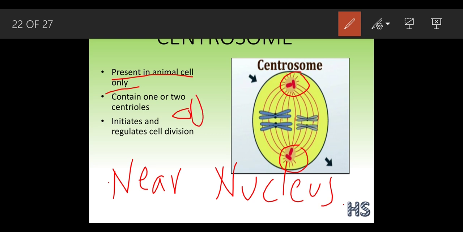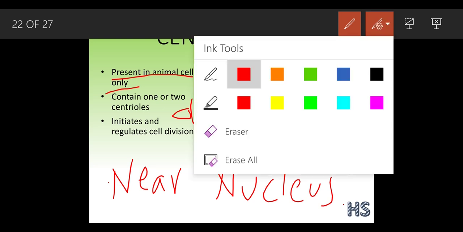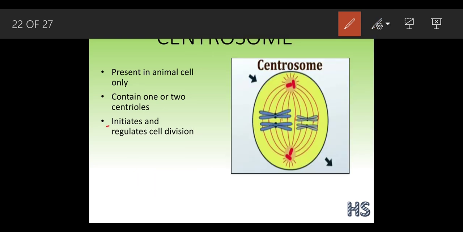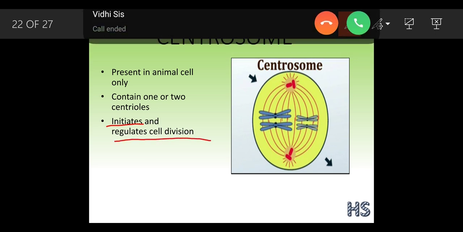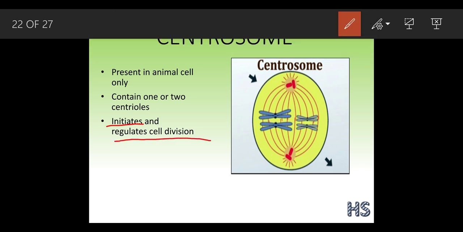What is the work of this centrosome? The main function is to initiate, initiate means start, and regulate the cell division part. Cell division means, why is it present inside this animal cell? Because see, if there is one cell inside our body, we know that part very well.